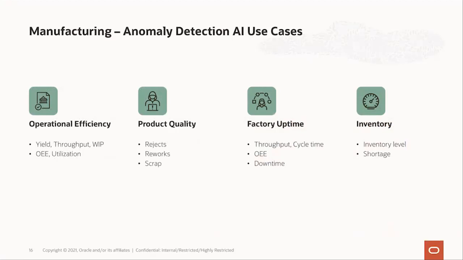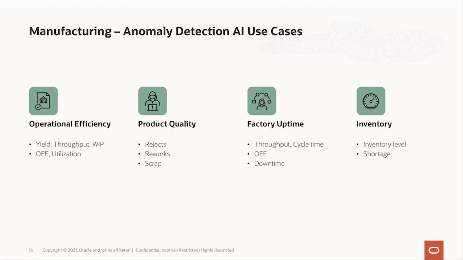One is operational efficiency, like monitoring the day-to-day performance of the manufacturing line, production line, or the factory, and comparing that across factories to identify whether there are anomalous behaviors in a specific factory that are resulting in potential shipment delays. Product quality is the second area where we find quite a number of engagements, particularly understanding anomalies in scrap, rework, and yield losses.